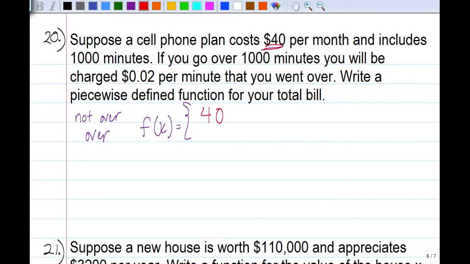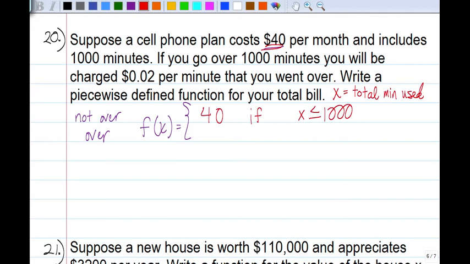Okay, so that is true if x, which let's remember that x equals total minutes used, is less than or equal to 1,000 minutes.